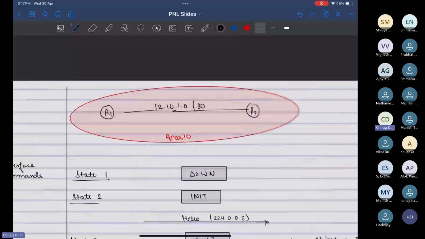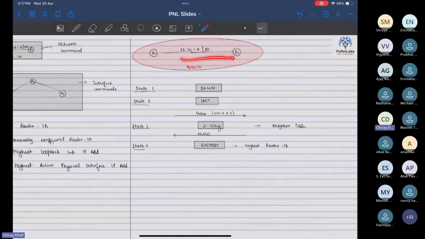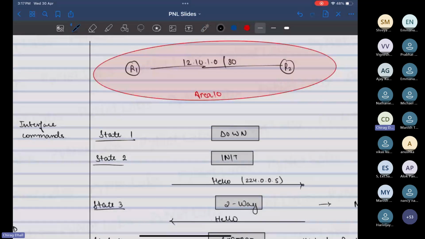Now, between these two routers, whoever has the highest router ID will initiate the process of routing exchange first. If I talk about R1 and R2, let's assume that on R1, I have configured a manual router ID of 1.1.1.1 and router 2's router ID is 2.2.2.2. So what do you think? Who will win the election?